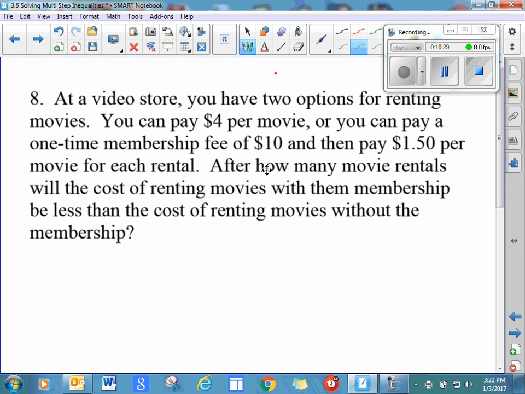So they want to know, after how many movie rentals will the cost of renting the movies with the membership, joining up for $10, be less than the cost of renting the movies without the membership fee? So we're going to let x equal number of movies for both options.